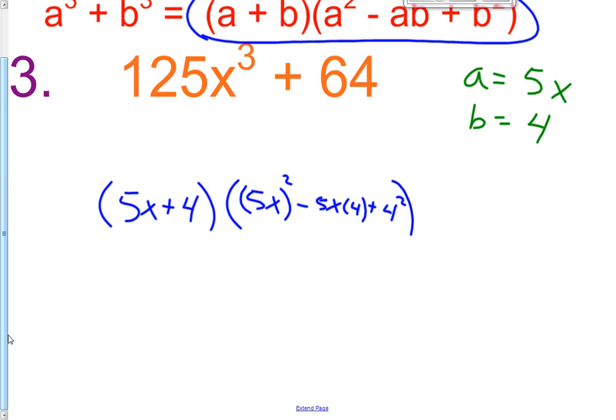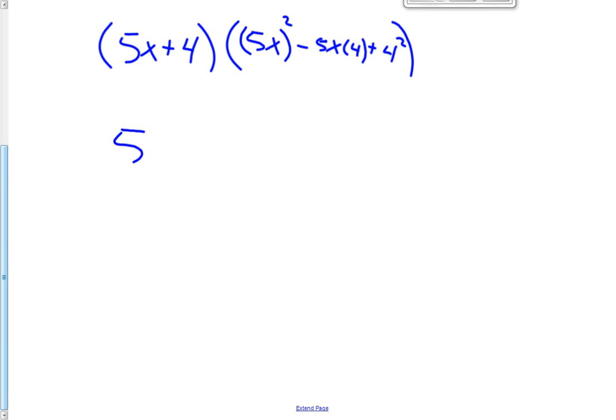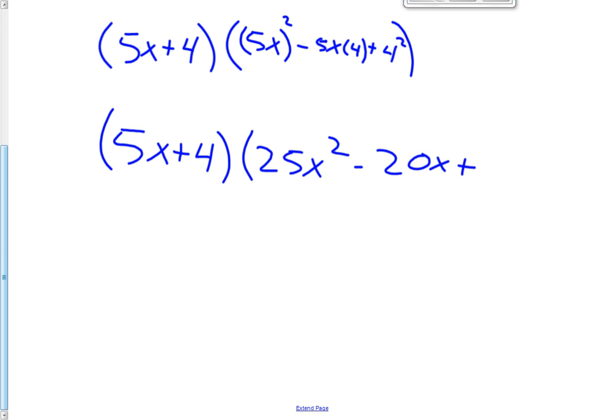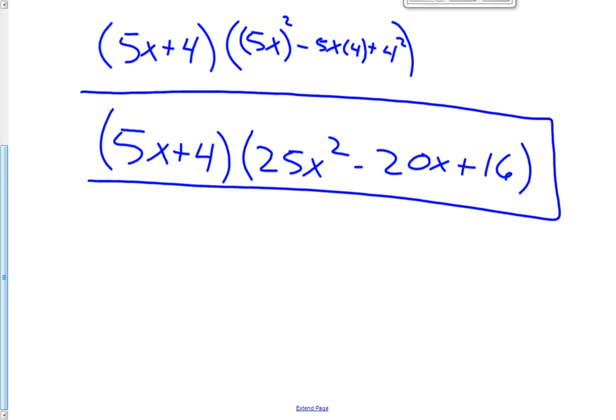As we simplify the trinomial, we still have 5x plus 4 in the binomial, multiplied by 25x squared, because 5x times 5x is 25x squared, minus 20x plus 16. And that should have been your answer for problem number 3: 5x plus 4 times the quantity 25x squared minus 20x plus 16.